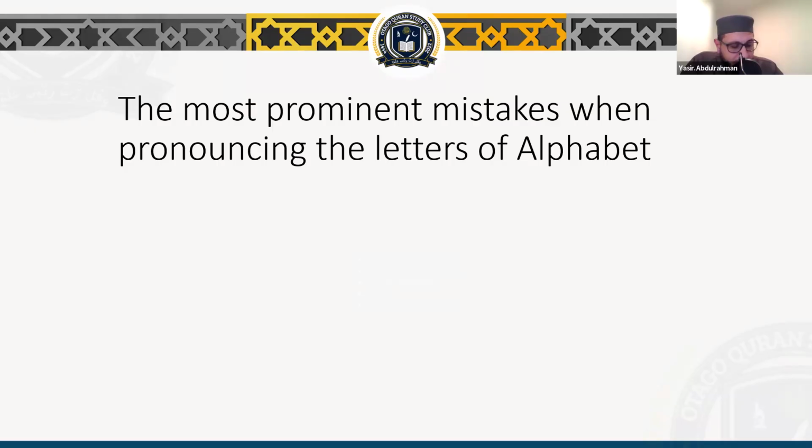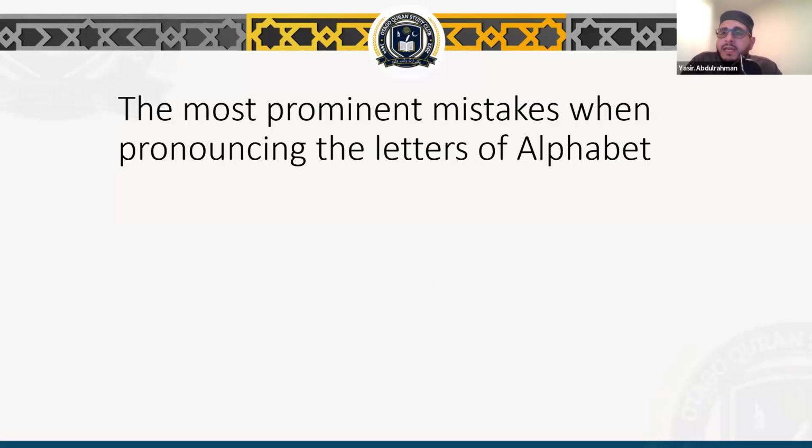The second mistake is merging it with a Qaf. So instead of saying wa la tuzigh qulubana, you see the rasm has a sukoon on the ghain, which means that's idhar for the ghain. There's no merging here.